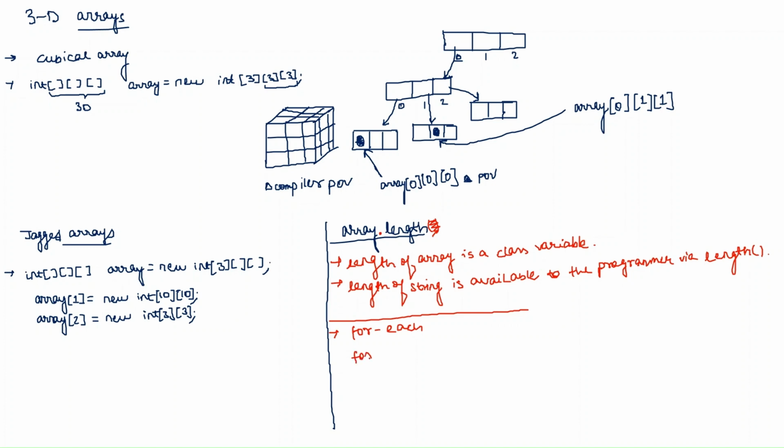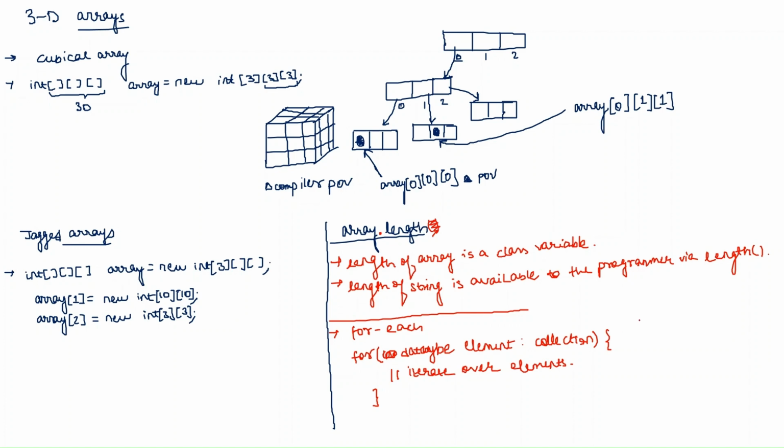What you do is you write for, the data type, element name, colon, and then here goes a collection. It's basically used to iterate over the elements present in a collection, where you only need the elements that are present in a collection.